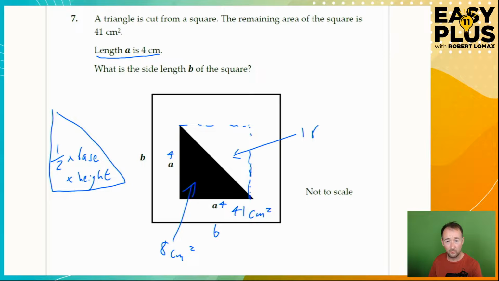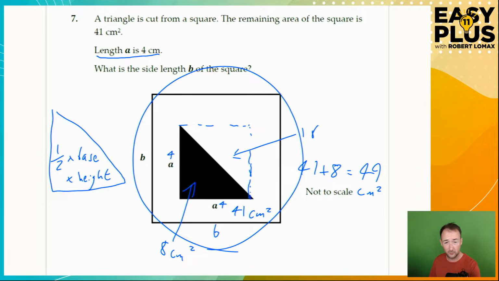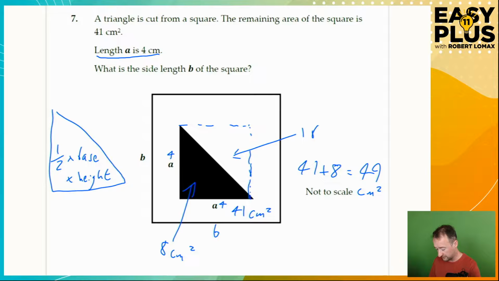Now, if the area of the white part of the square is 41 centimeters squared, and the area of the blacked out part of the square is 8 centimeters squared, add them together, we get 49 centimeters squared. So the area of the entire square is 49 centimeters squared.